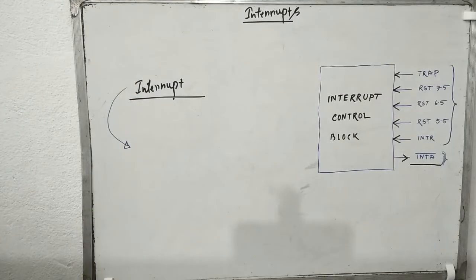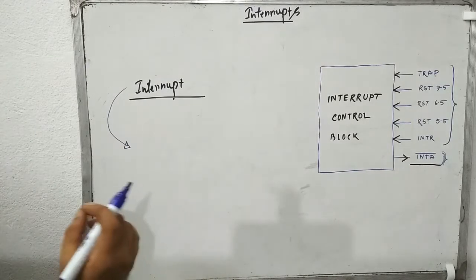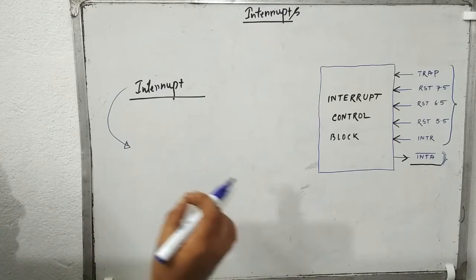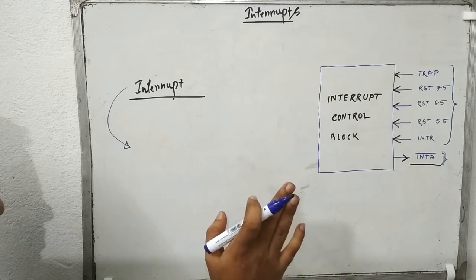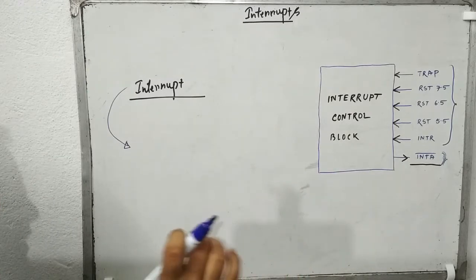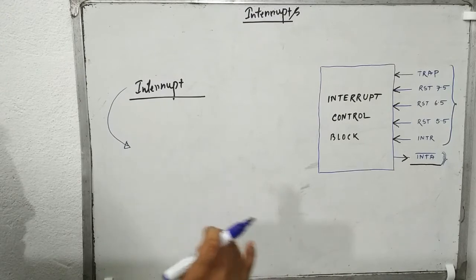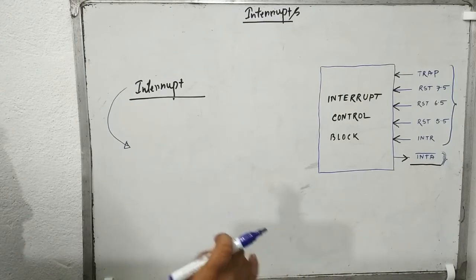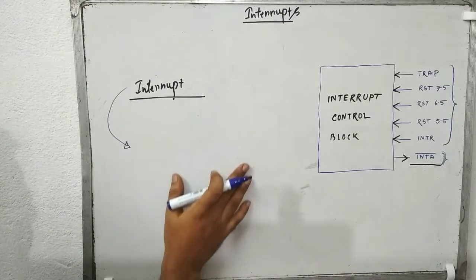As a general definition, an interrupt is a signal to the processor given by the external device indicating an event that needs immediate attention. Let me just write it, then it will be clear to you.